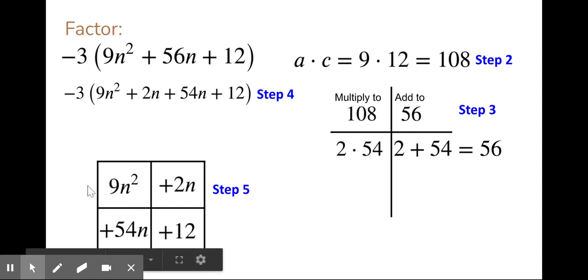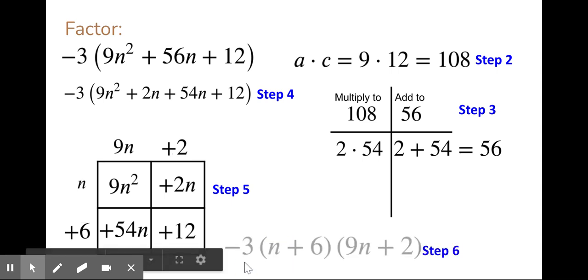The only thing that is common between 9n squared and 2n is n. n times 9n is 9n squared, n times 2 is 2n. And then we get 6 times 9n is 54n, and 6 times 2 is 12. And then we factor it out and write our final answer.